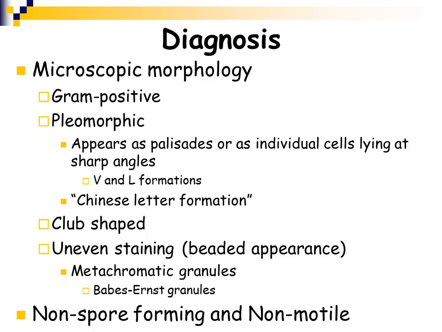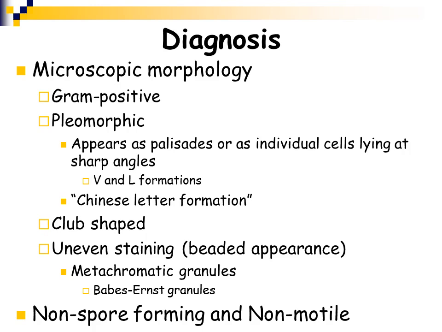Microscopically, Corynebacterium diphtheriae organisms are, of course, gram-positive. They are somewhat pleomorphic, so they're not very uniform in their shape. They can form palisades, in other words, they pile on top of one another.